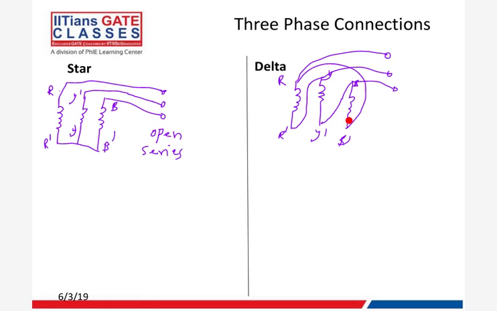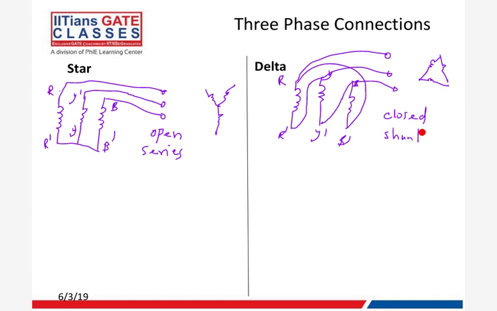And this is called closed, because if we redraw this, it would look like this. So it's a closed winding, and since it's parallel, it's also considered shunt.